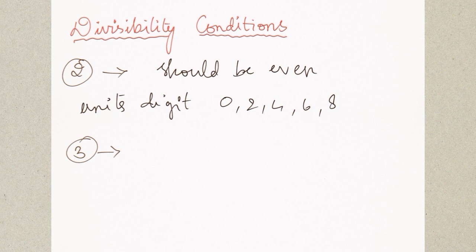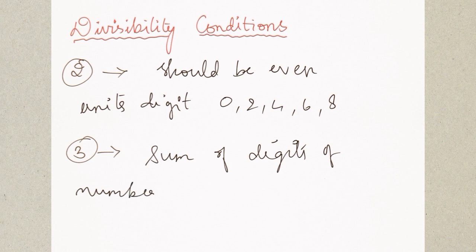Understood? For 3, a number to be divisible by 3, the sum of the digits of the number should be divisible by 3. Didn't understand? Okay, wait, I will just write it. Sum of digits of the number should be divisible by 3. If this is divisible by 3, then it is possible.